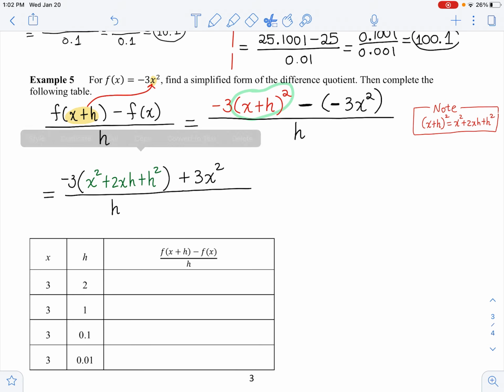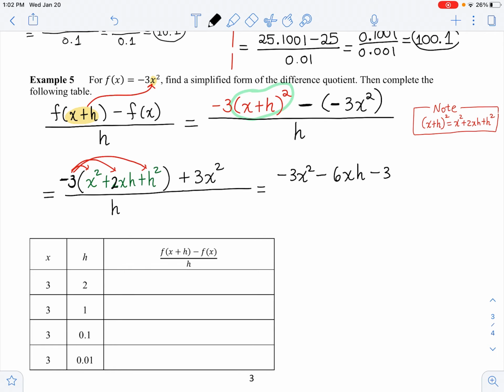The next thing that I will do is distribute this negative 3 to all these 3 terms inside. If I do that, I will get negative 3x squared minus negative 3 times 2. If you do that, you will get negative 6xh. And lastly, minus 3h squared. I'm done distributing. Let's write down the rest of it. Plus 3x squared all over h.